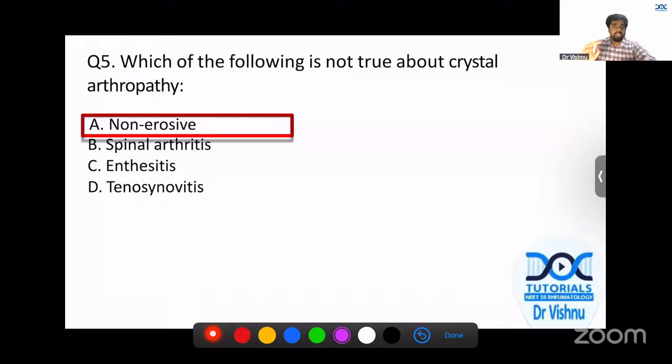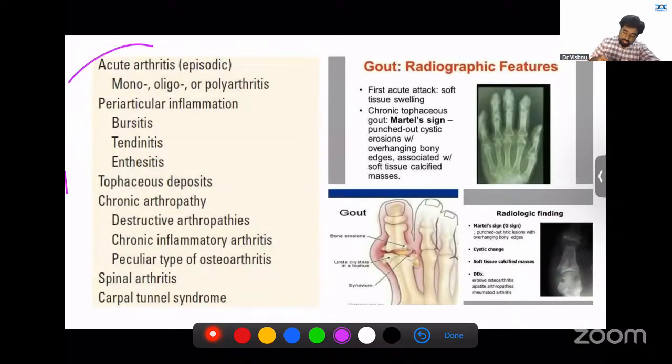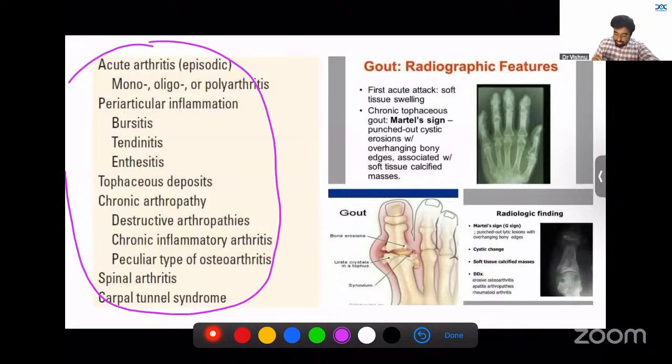Which is not true about crystal arthropathy? This is a little bit confusing because we don't really focus on crystal arthropathy. Firstly, because to be very honest, it's not very well characterized in papers or in literature, right? But then again, they did ask a question, and actually they took it directly from your Harrison. This is your Harrison table where they mention spinal arthritis and enthesitis.